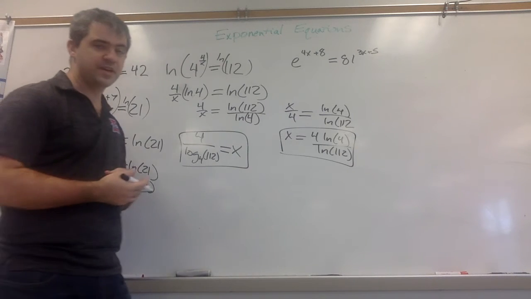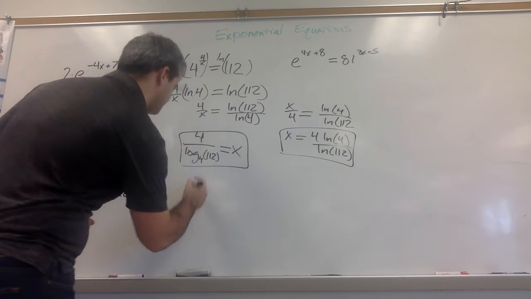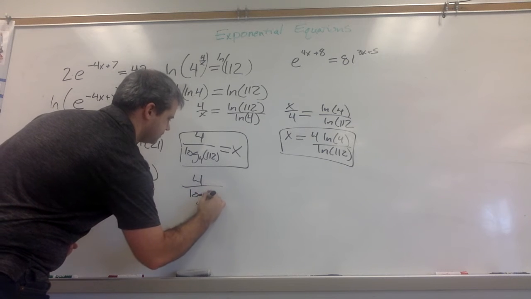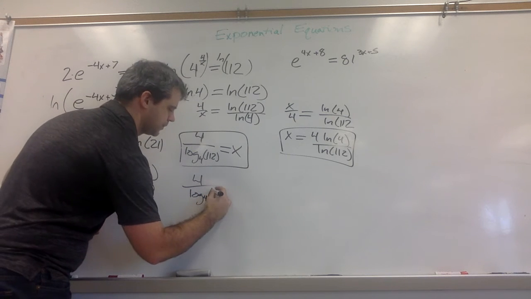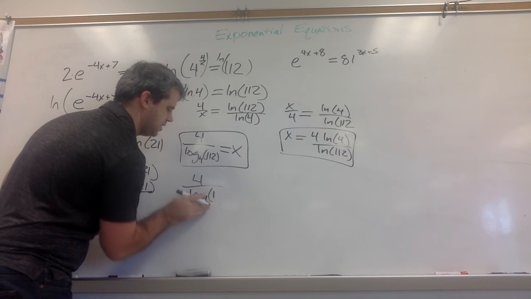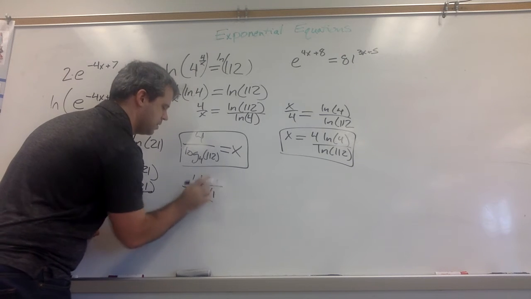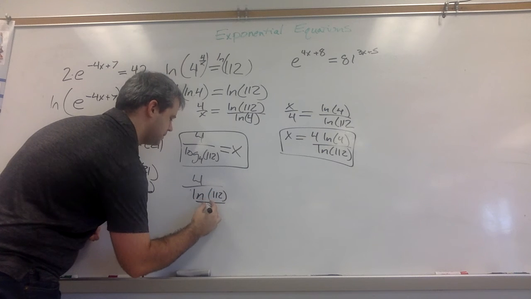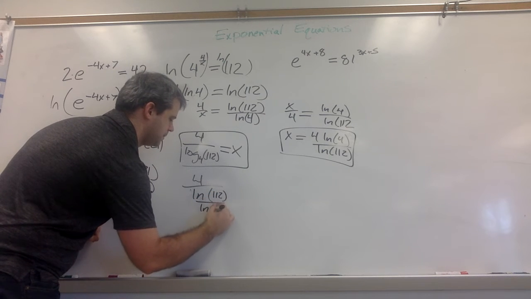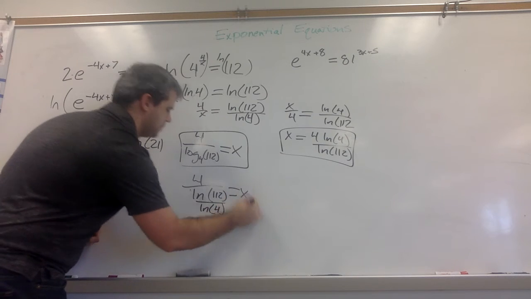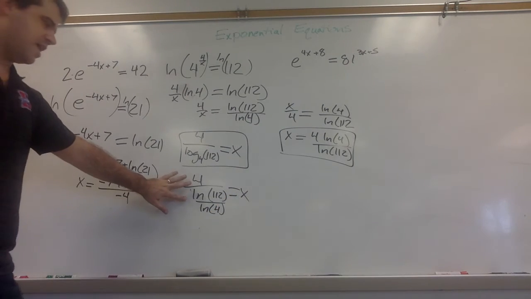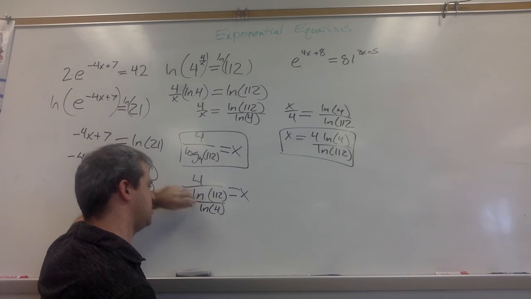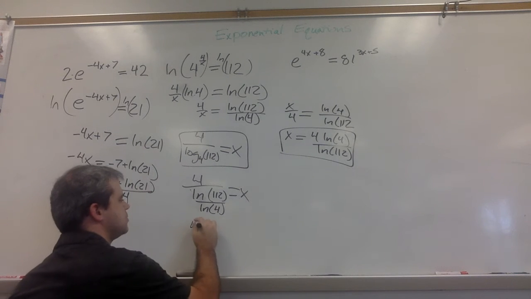Another way that we could do this is with our change of base formula. Let's see. So I'll change this to base e again. And if I rewrite this, okay, whenever you have division in your denominator, you can move that to the numerator.